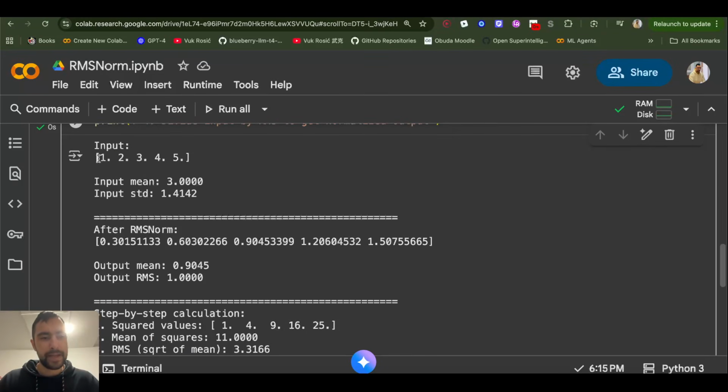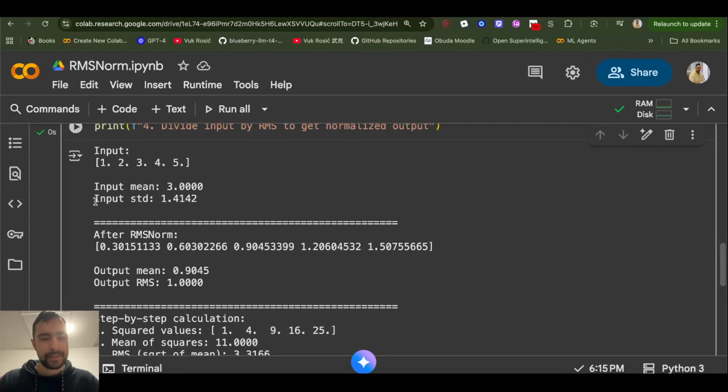If we have a vector of some numbers 1, 2, 3, 4, 5, we're gonna need the mean, which is 3, and standard deviation, which is just a way to measure how far away these numbers are from the mean. Standard deviation is one way to do it. We have many other possible ways, but this is just a standard way.